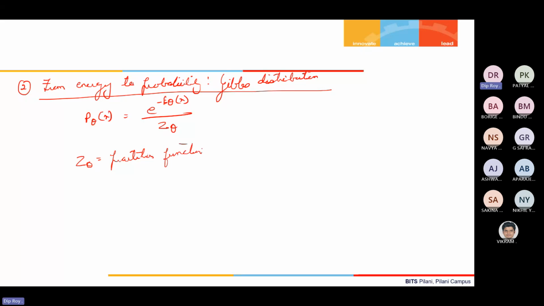You can write this partition function like this. This is the continuous case, and if it is discrete, it will be a sum. This essentially ensures the normalization.